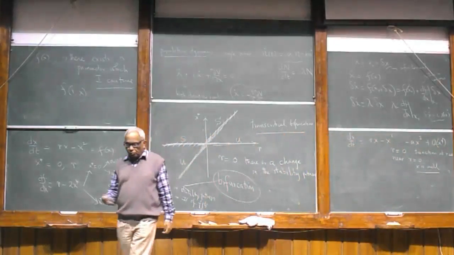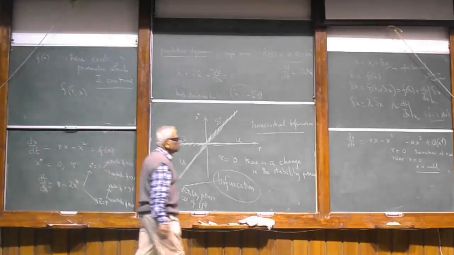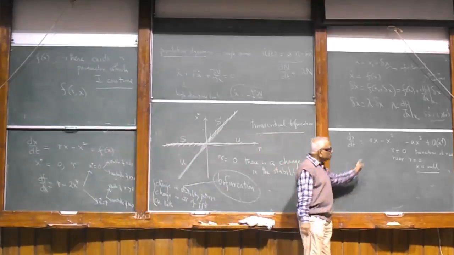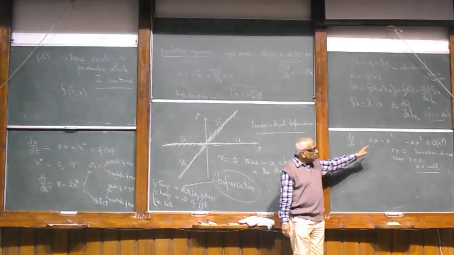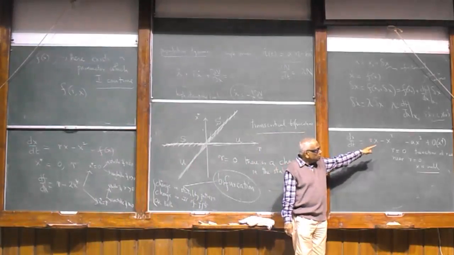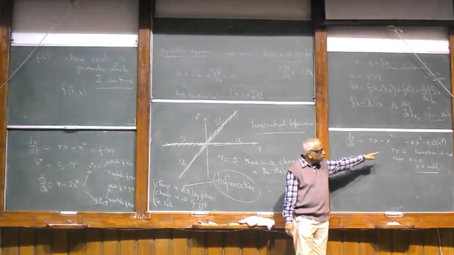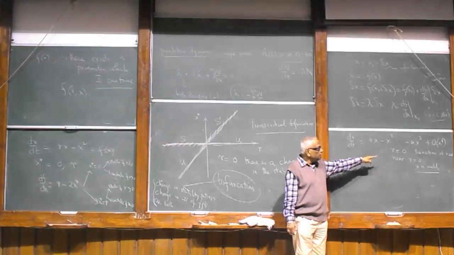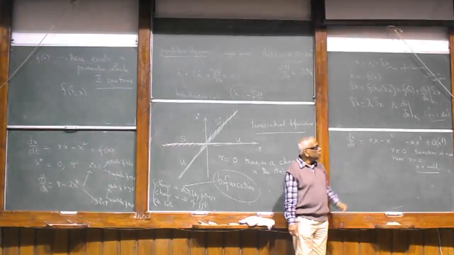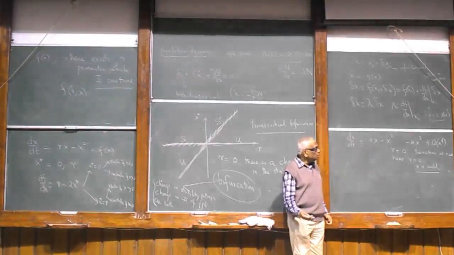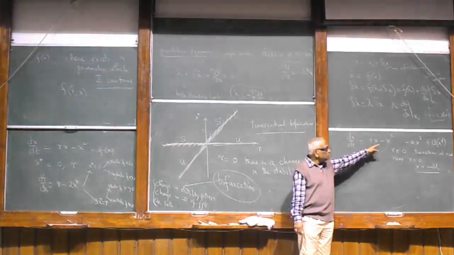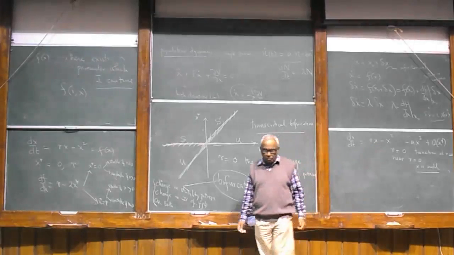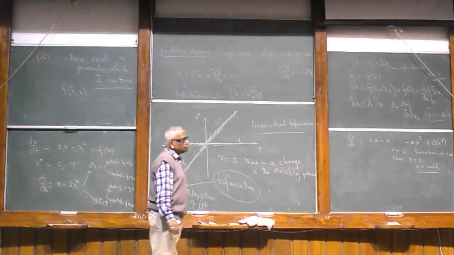So you can get an intuitive feeling that maybe the x cubes and x fours and so on would not be so important. If I'm in the vicinity of r equal to 0, maybe Rx minus x squared is all right as a description.